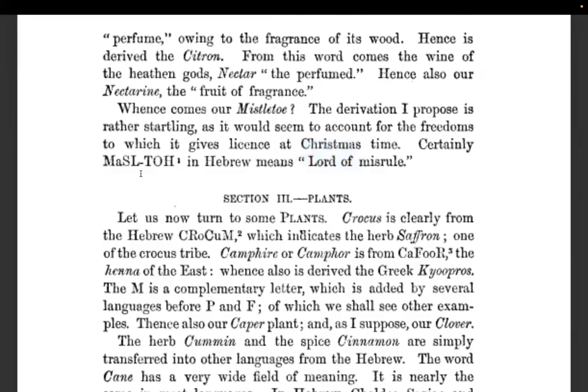There are certainly Mishal To in Hebrew means Lord of Misrule. And that's actually a title that they used during that time for some of their pagan practices. The Lord of Misrule was the fool or the clown that would be in charge for the day and have rule over even the king. That's where Mishal To or mistletoe comes from.